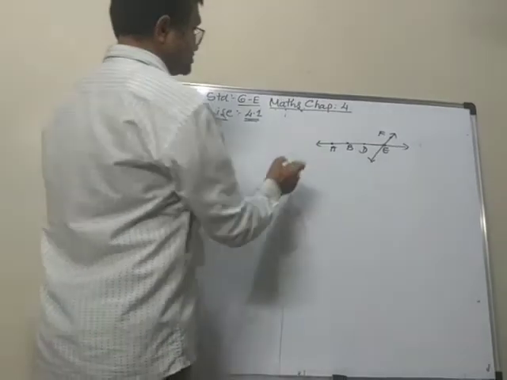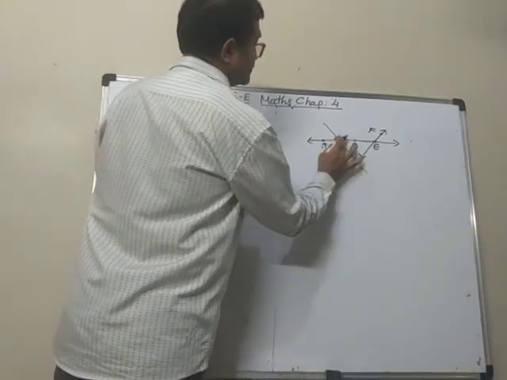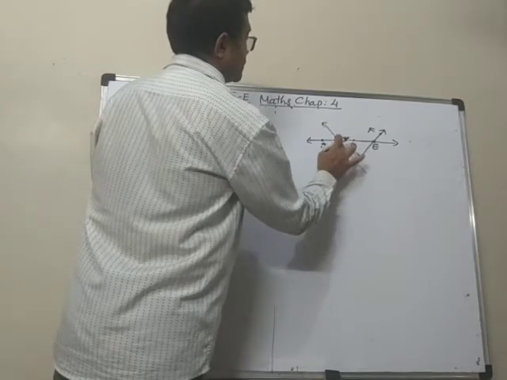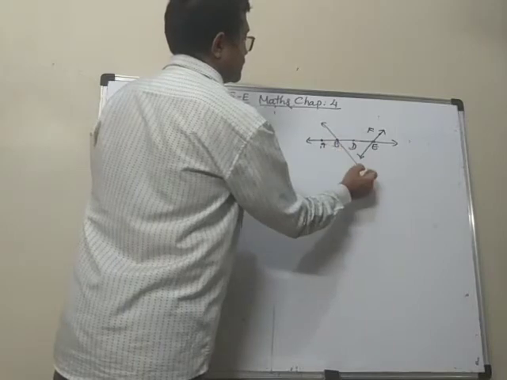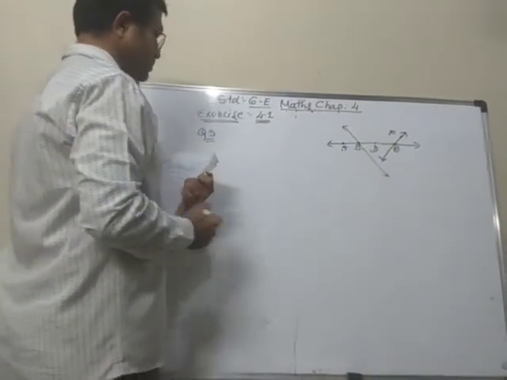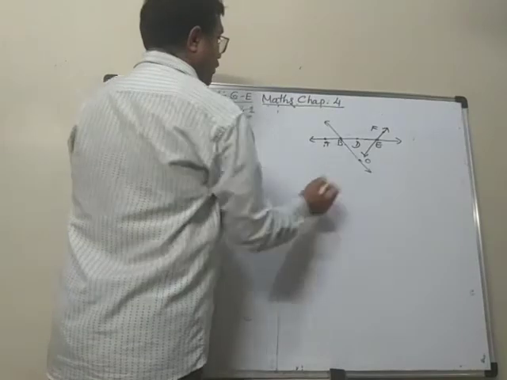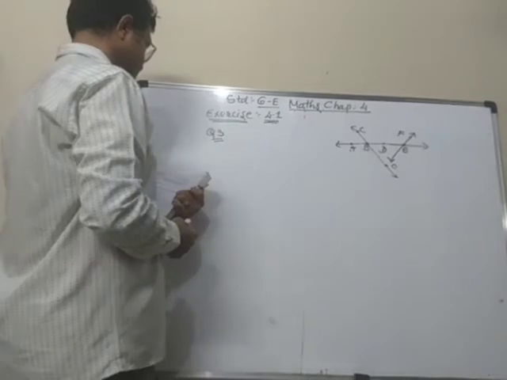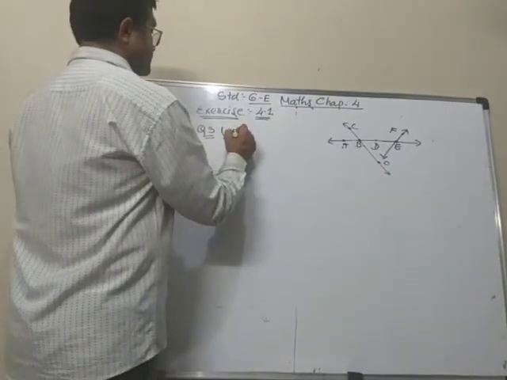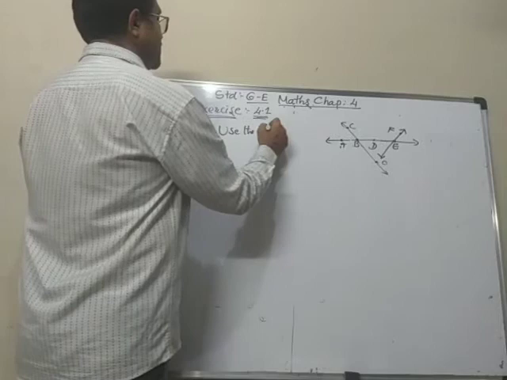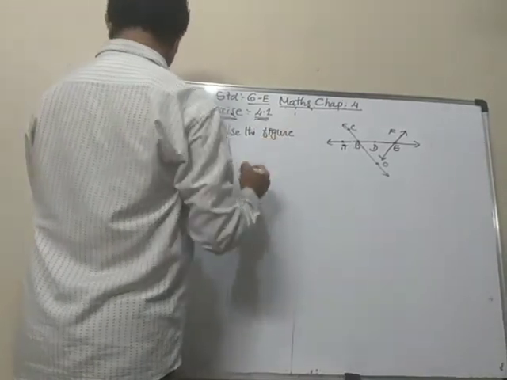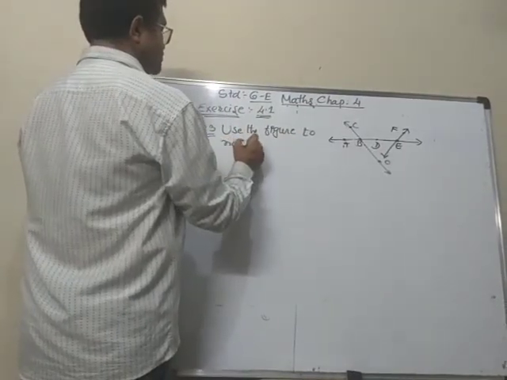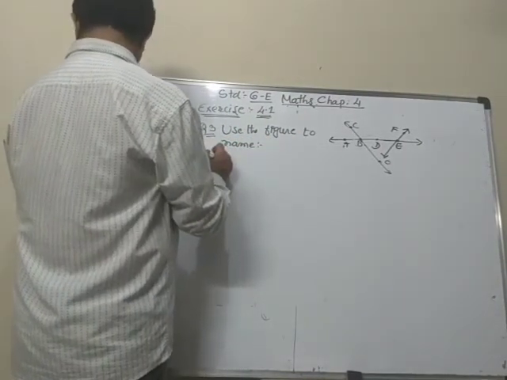And another line is passing through point B here. And it has a point O here and an upper side point C here. Now use the figure to name. So here also we have to give different names.